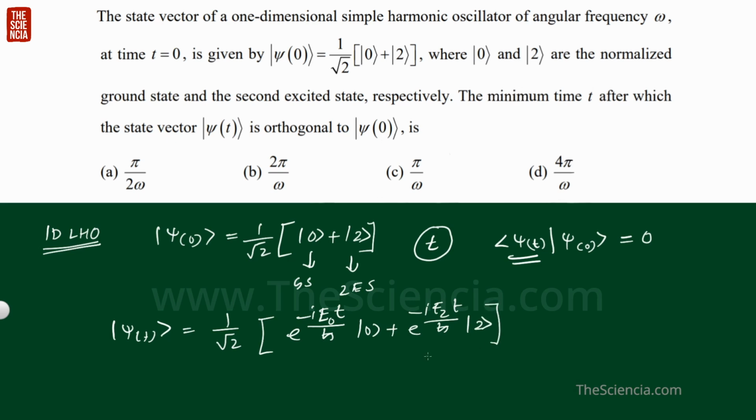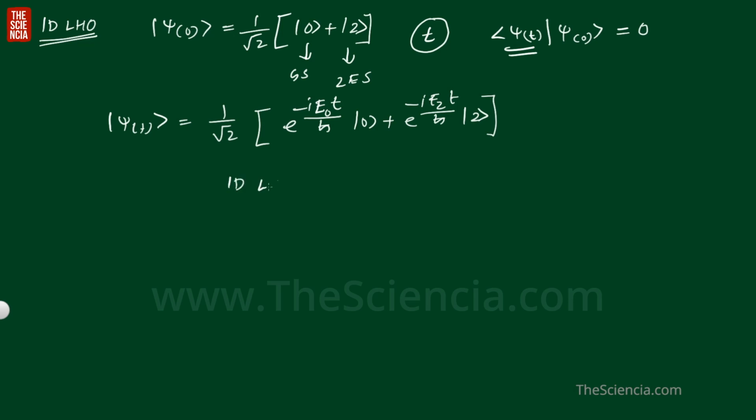Here I am calling E0 the ground state energy. To solve this problem, we should know the ground state and the second excited state energies of a linear harmonic oscillator. For a 1D linear harmonic oscillator, the energy of any state, En, is equal to (n plus half) h cross omega, where n is equal to 0, 1, 2, etc.